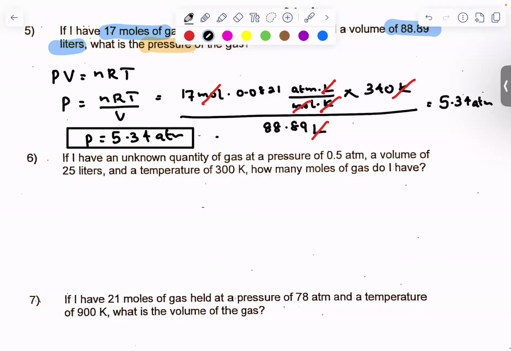Now, next one. If I have an unknown quantity of gas at a pressure of 0.5 atm, a volume of 25 liters, and a temperature of 300 K, how many moles of gas do I have? Okay, so PV equals nRT.